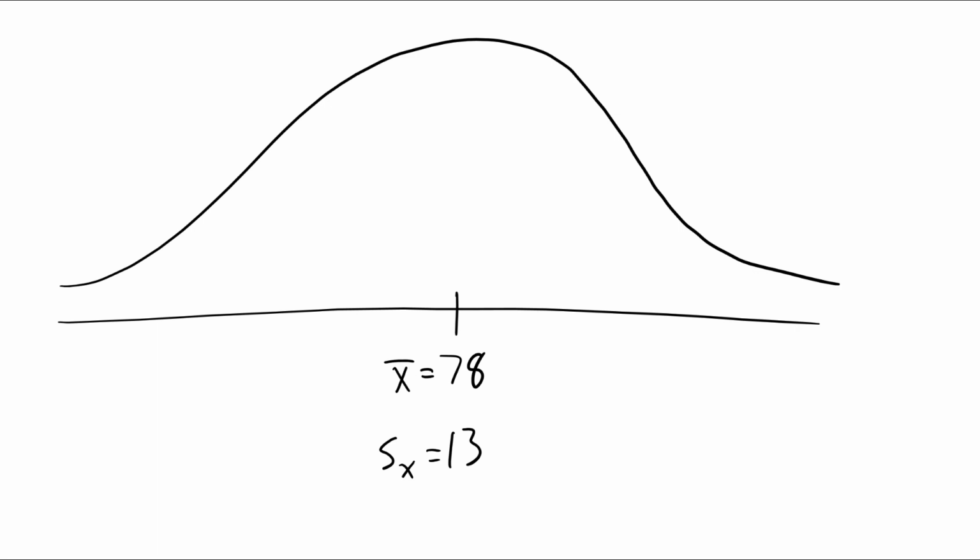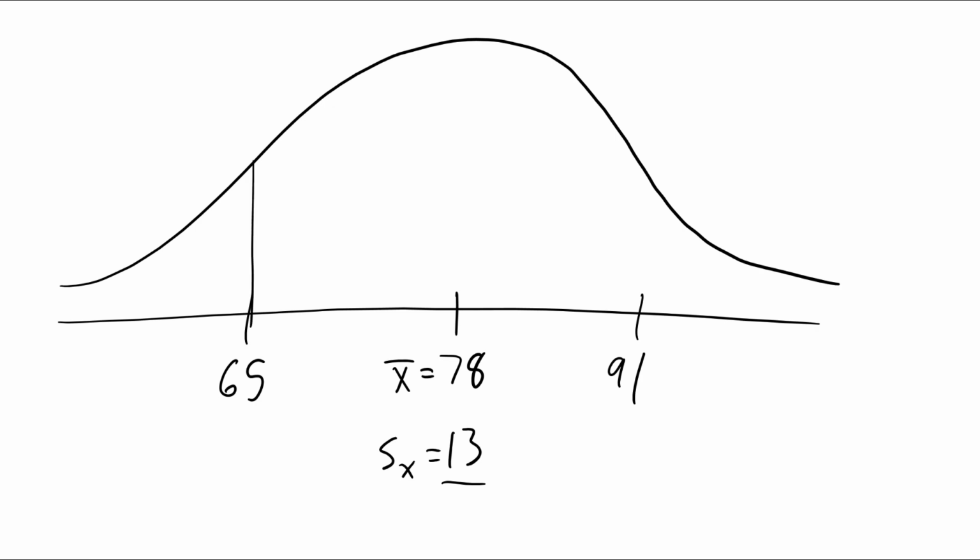All right. So the way a normal distribution works is one standard deviation goes, in this case, 13 points in either direction. So one standard deviation of the mean is from one standard deviation below the mean, that's 13 points below 78, which is 65, to one standard deviation above the mean, which is 13 points above 78, that's 91.